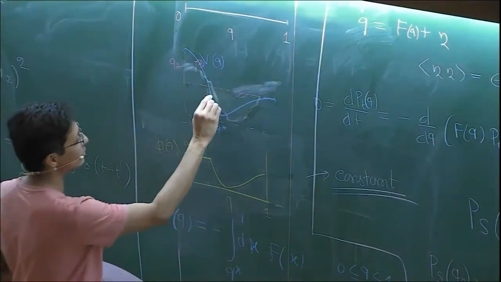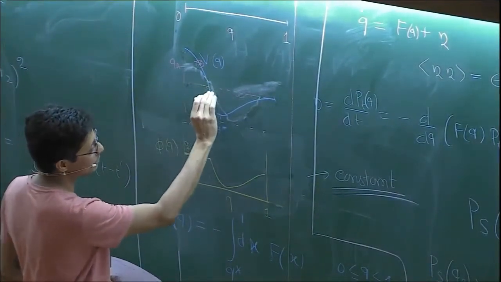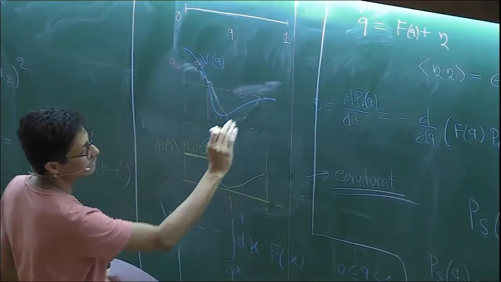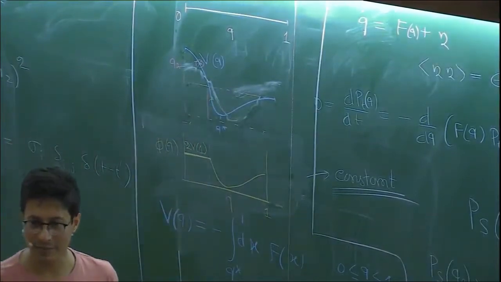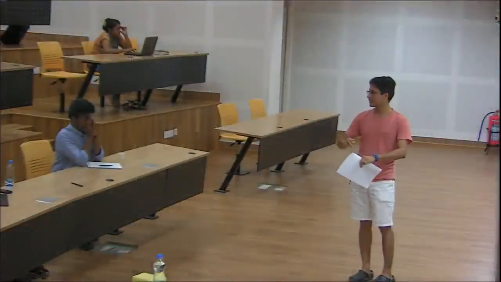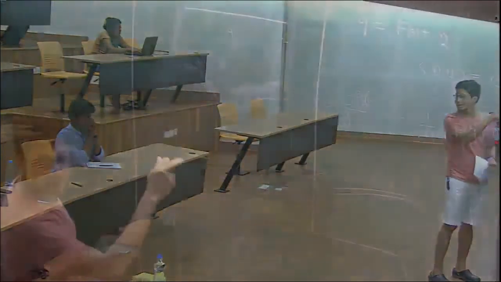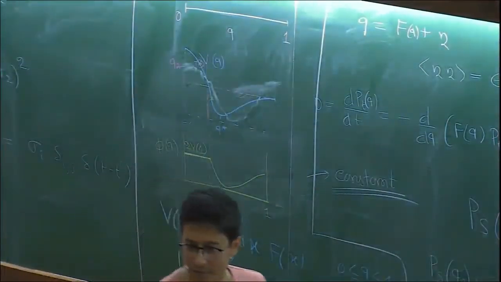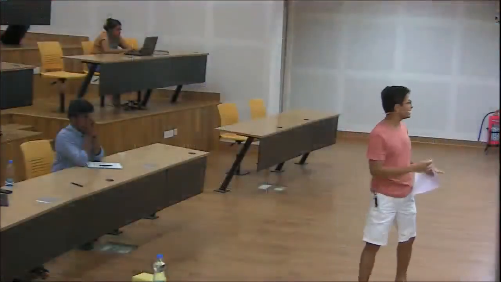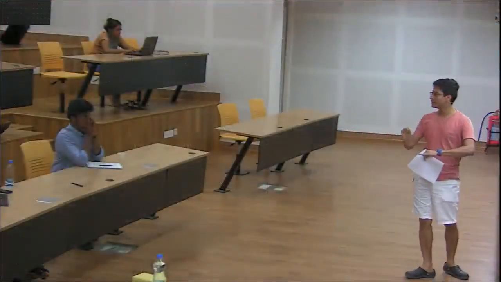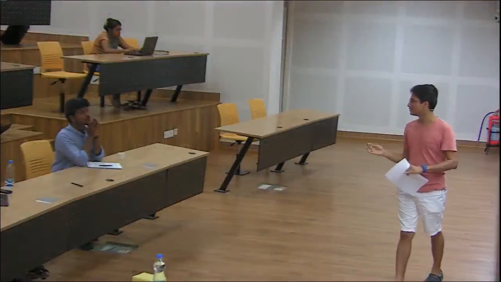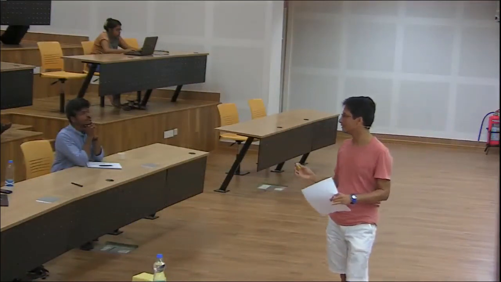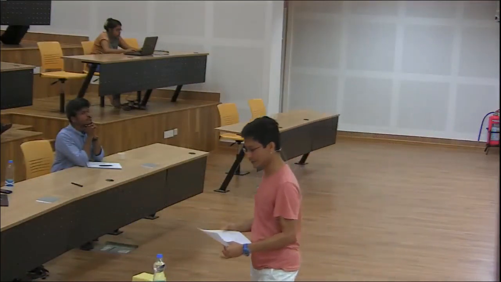As long as you are below this point, anywhere here, the path that will contribute is just the shortest path. But if you are in this region, the path that will contribute is the one where you go around and come. So there's a transition happening as you move along this optimal path. It switches. So there is some kind of a dynamical phase transition as one moves from one to the other.